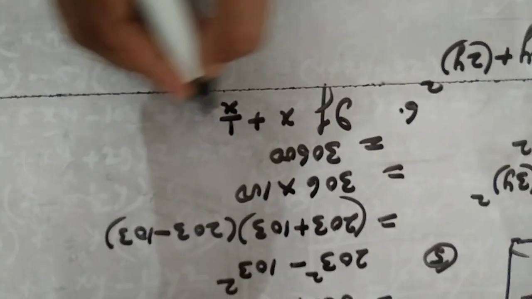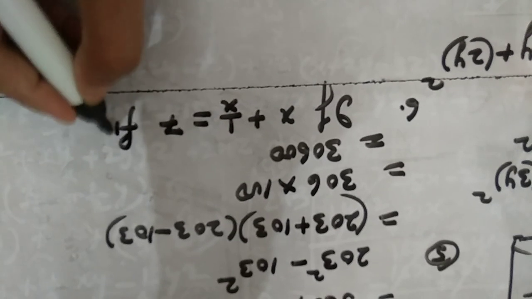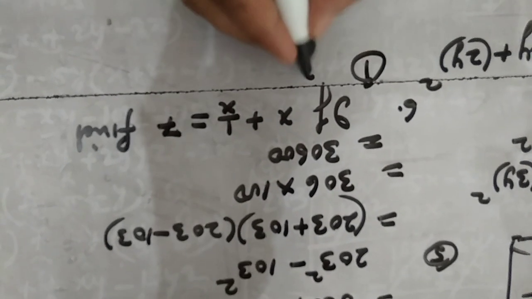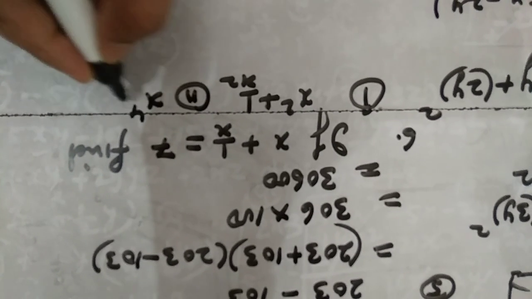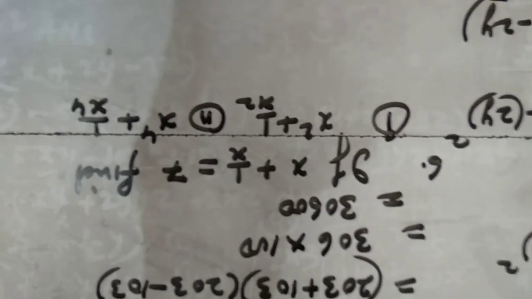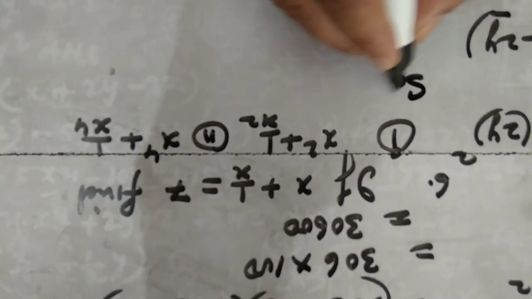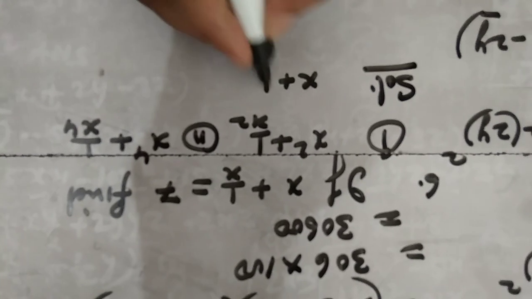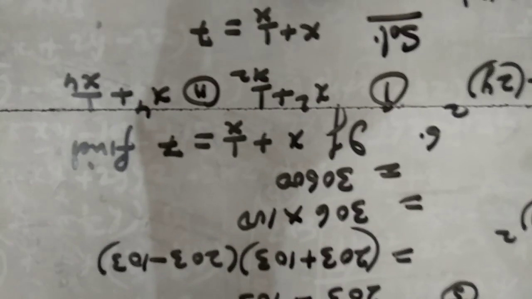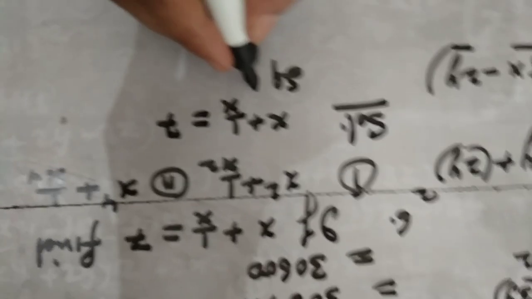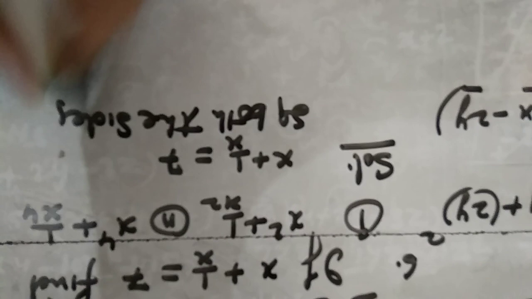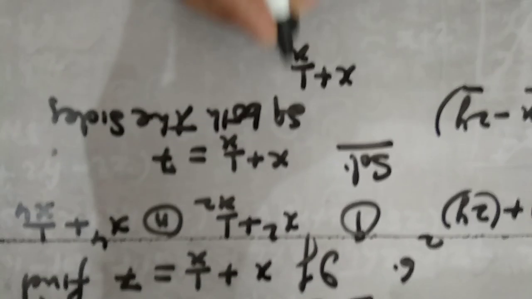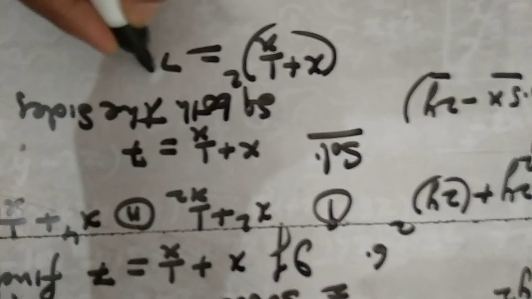If this is the application: x plus 1 by x is equal to 7, the question is we have to find first x square plus 1 by x square and second x power 4 plus 1 upon x power 4. So students, see the solution. We are given x plus 1 by x is equal to 7. Now square both the sides. So (x plus 1 by x) whole square is 7 square.